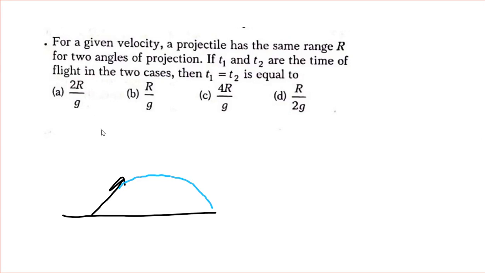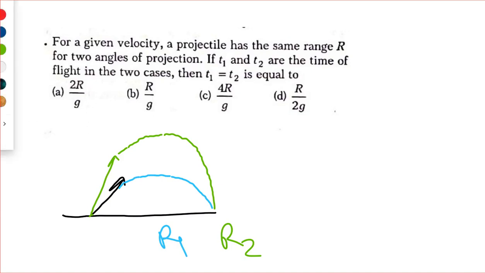So if we take another angle, r2 and r1 will be the same, but the angles are different. So that means in the first case the angle is theta 1, and for the second one the angle is theta 2.